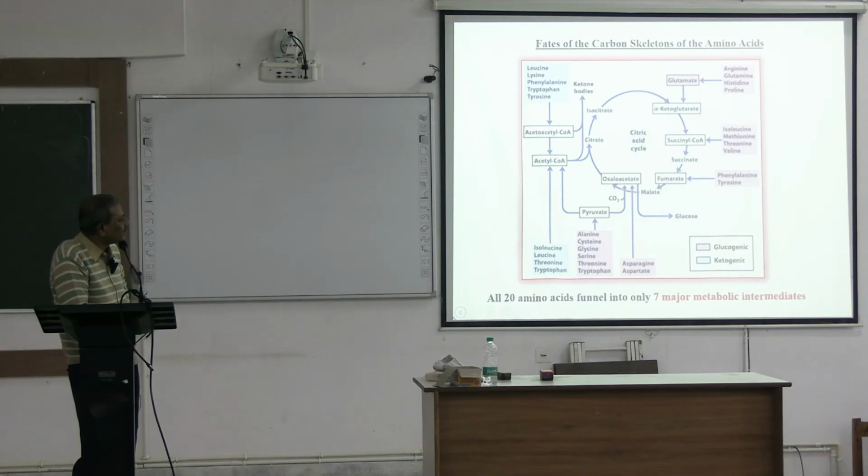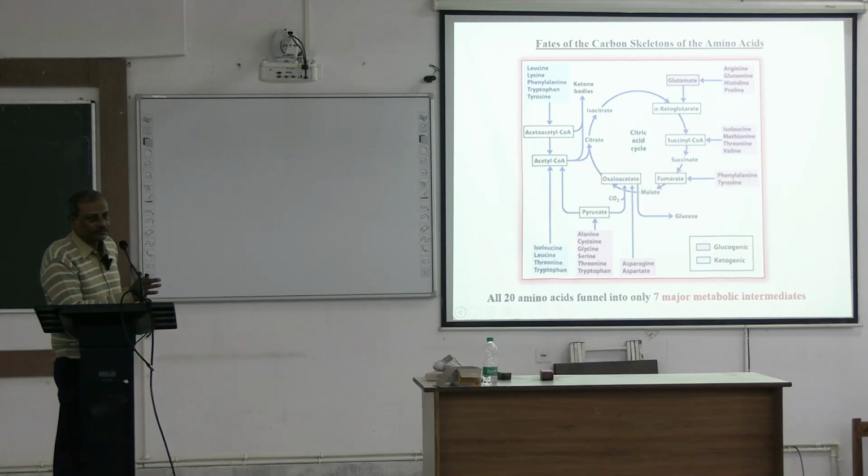So, all 20 amino acids funnel into basically 7 major intermediates, from where the amino acids are also synthesized. Now, note down: alpha ketoglutarate, succinyl-CoA, fumarate, oxaloacetate, pyruvate, acetyl-CoA, acetoacetyl-CoA. These are the 7 major metabolites which are made up from the carbon skeleton.